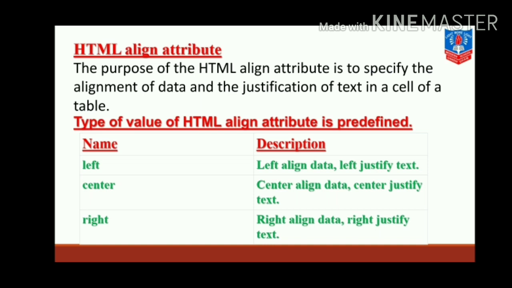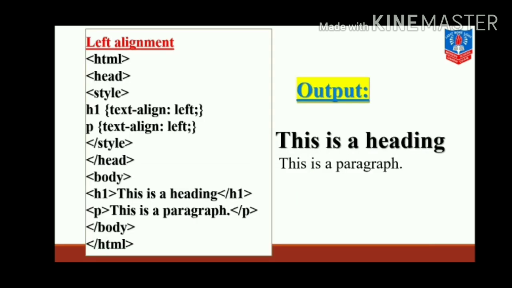Left, center, right. As an example of left alignment, we have H1 text align left and P text align left. H1 is heading, P is paragraph. You see in the output, children, the H1 heading is in heading size but left aligned.